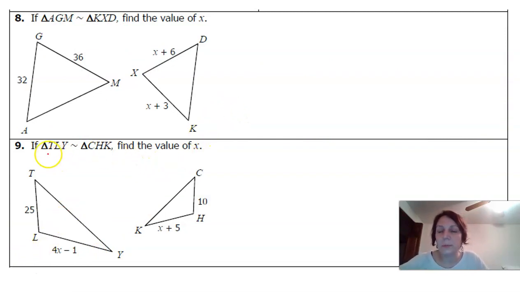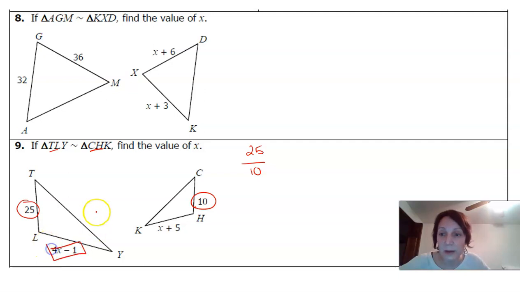All right, let's do number 9. I have this side right here, TL, which is a 25. And by looking at the names, CH should be its partner. So CH. All right, so I have a ratio, 25 over 10. I have a 4x minus 1, and that's my LY.